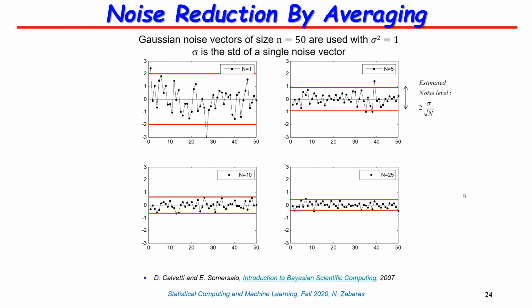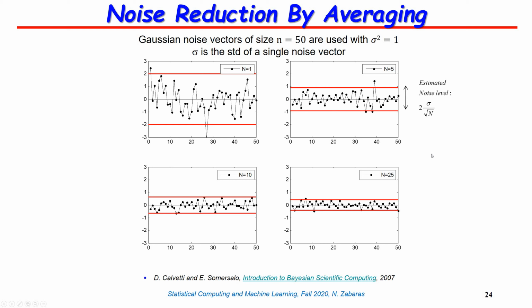So you can define how small you want this to be to keep the signal to noise ratio at a desirable level, and then from there see how many times you have to run your experiments and average them.